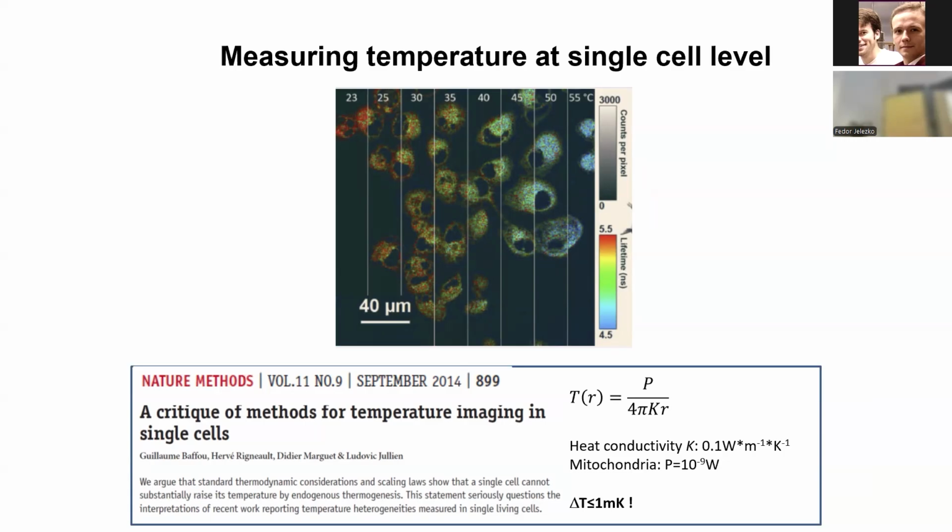The gold standard at the moment to make a thermometer inside of a cell is to use fluorescent dyes, whose fluorescence intensity depends on temperature. Here you have a picture of a fluorescent dye inside of the cell. Cell compartments are marked with this dye, and you see the difference in intensity.